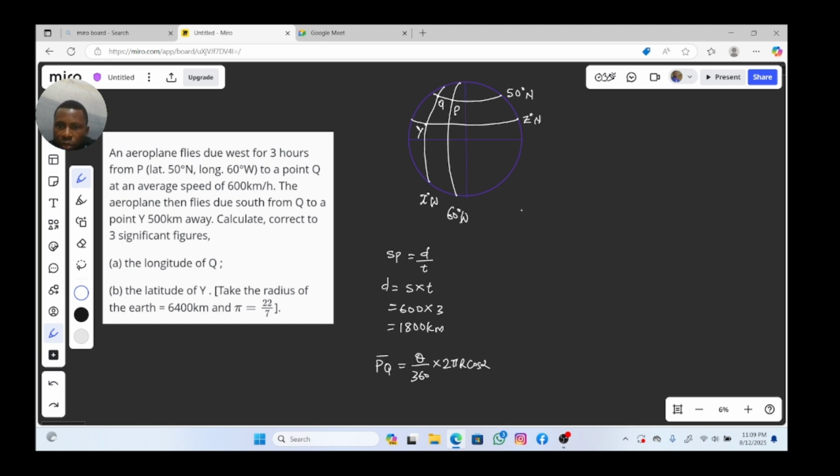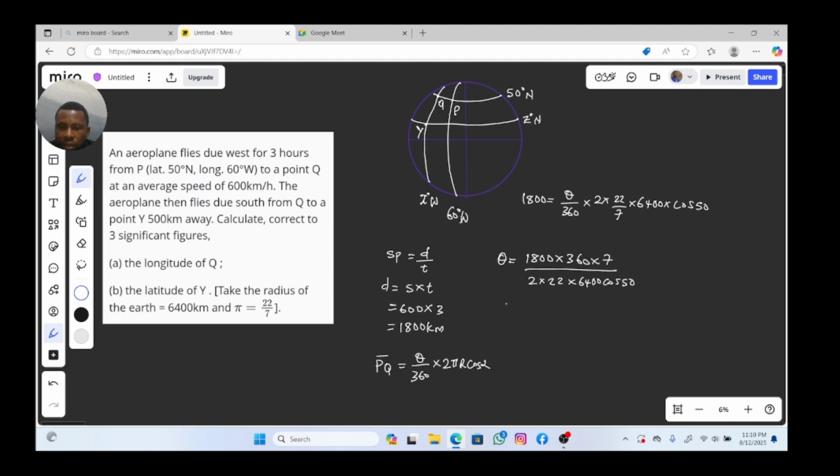So it becomes 1,800 is equal to theta over 360 times 2 times pi, given here as 22 over 7, times 6,400 times cos 50. Cross multiplying, theta will be equal to 1,800 times 360 times 7 divided by 2 times 22 times 6,400 cos 50.